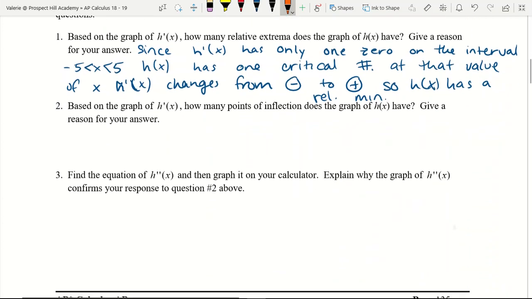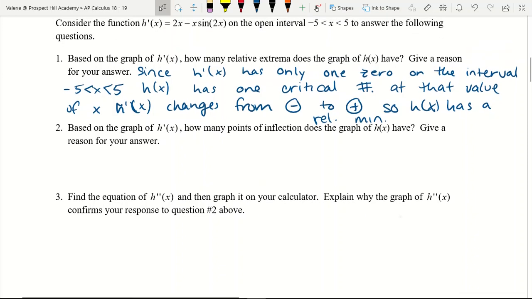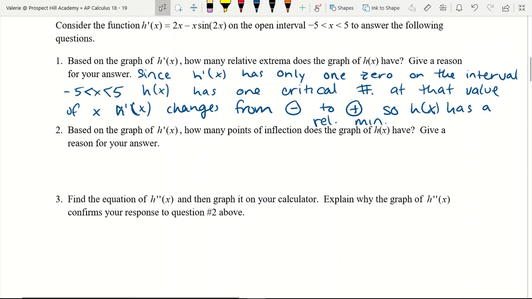Looking at our graph, we can see that we have 5 relative extrema.